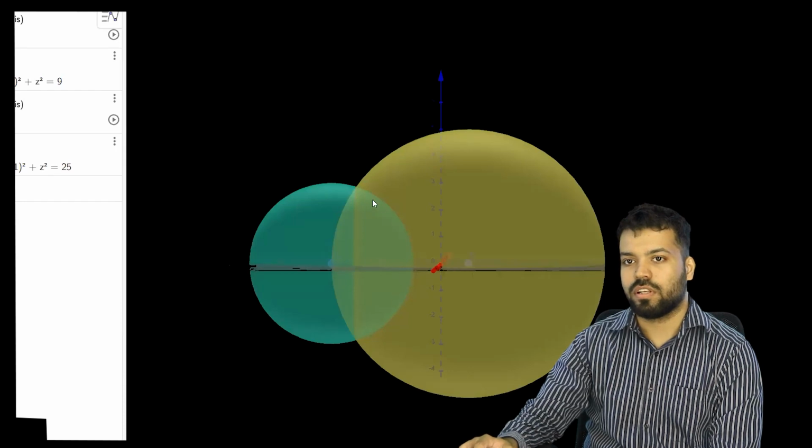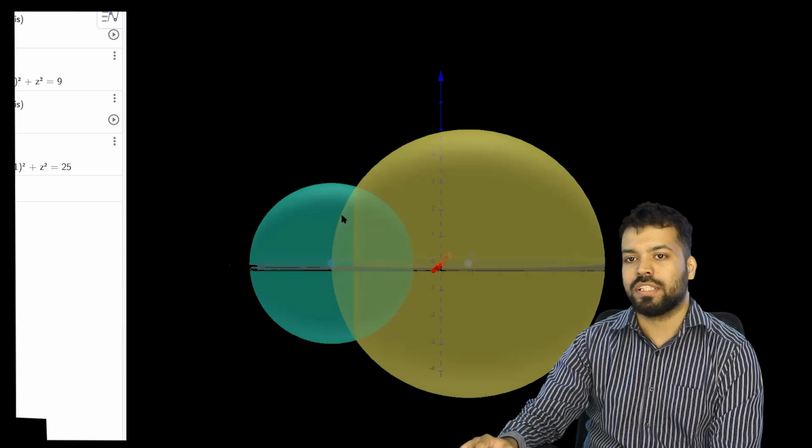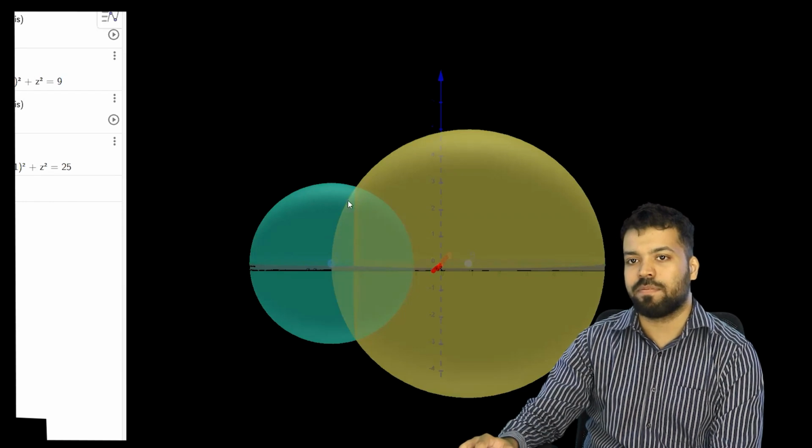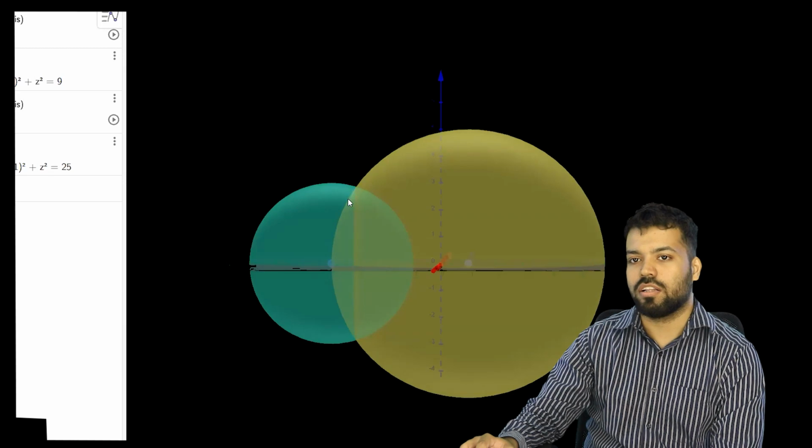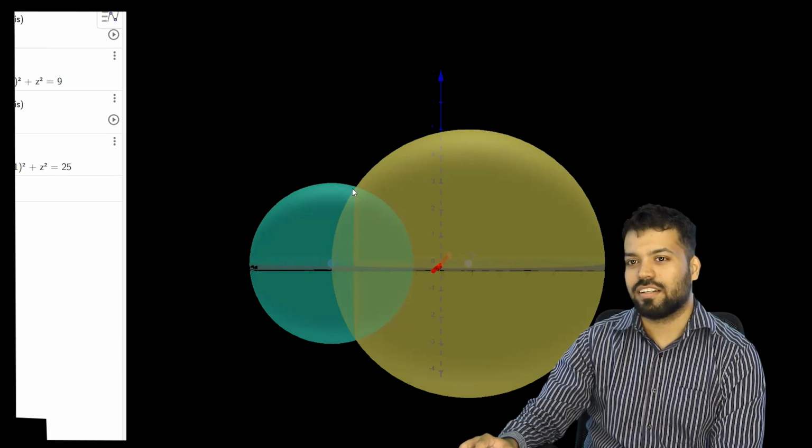And now I am creating a depression in this. I am removing this part of the ball, and suppose I'm just creating one depression. Now, what do you think? Is the depression surface area less than or more than the original ball area? It is less, right?